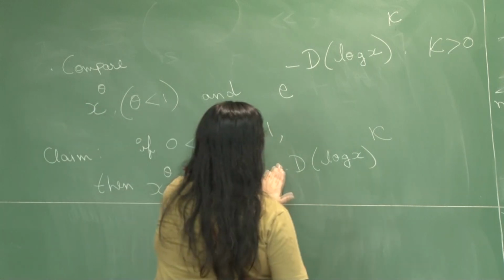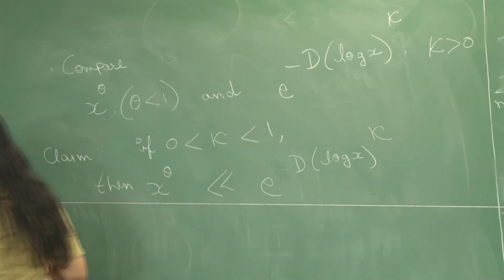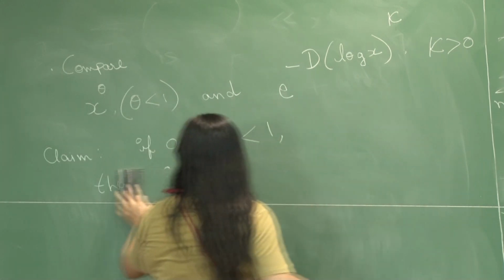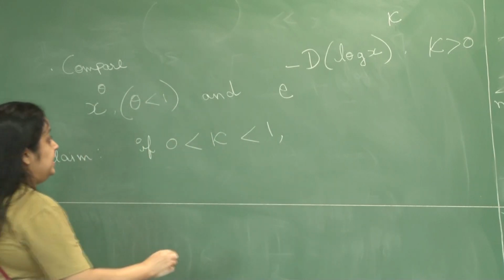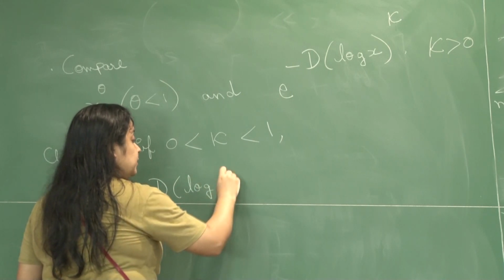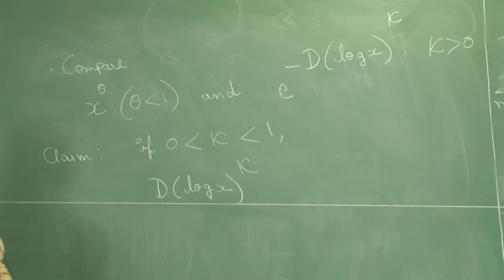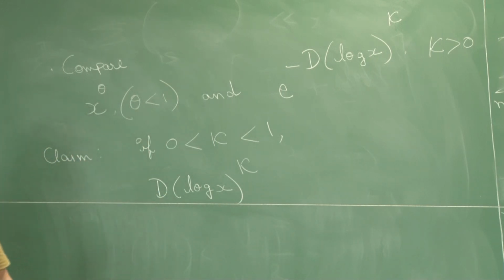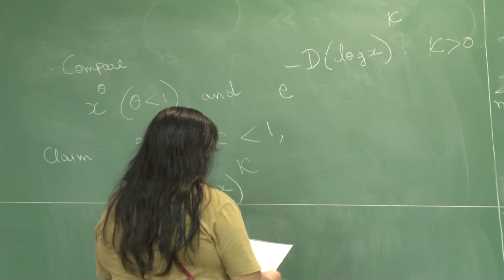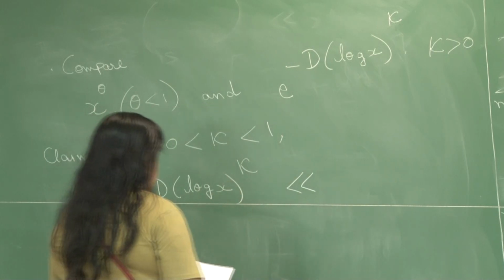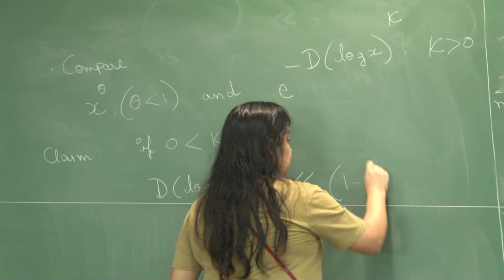Let's just compare d times log x. So, if kappa is something less than 1, then log x raised to the kappa would be much smaller than log x, right. So, this would be less than 1 minus theta of log x.